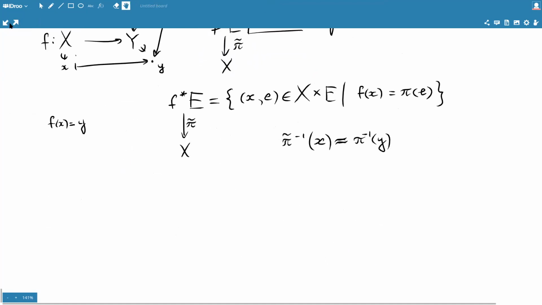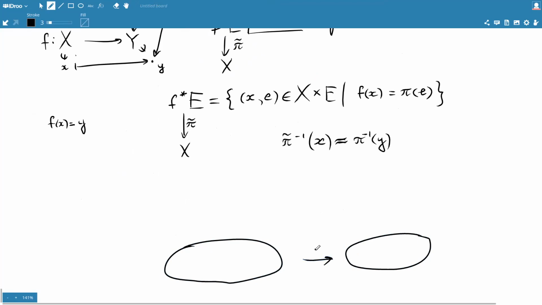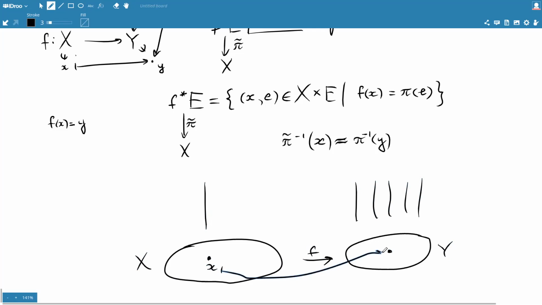If I have X, and if I have a smooth map F to Y, and over Y I have a vector bundle, then I associate to it a new vector bundle over X with fiber the same as the fiber over the image of the original bundle E. So this is projection pi, and this is projection pi tilde.